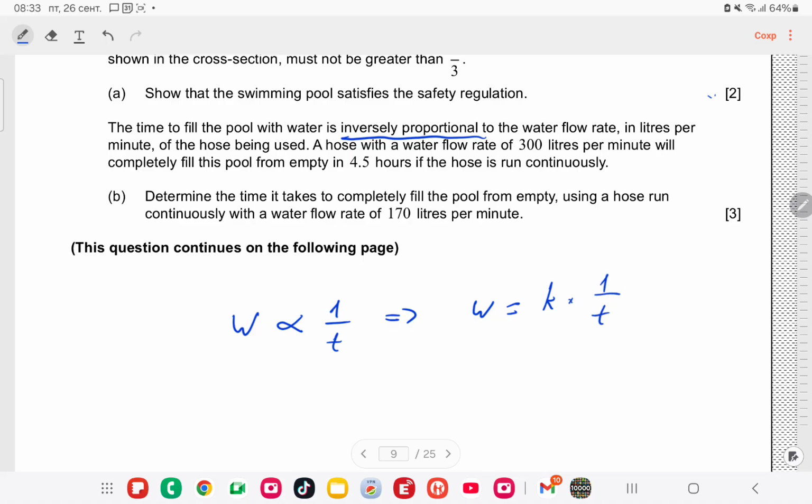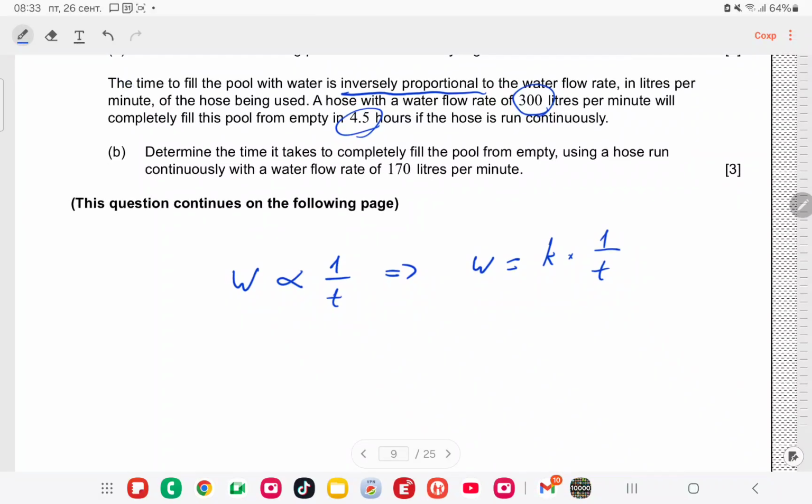Now we use these two pieces of data to find K. This is how it usually works when you see the word proportional, direct or inverse: we always do the same, we find K. Let's first underline the initial conditions. W is equal to 300 liters, and the number of hours T is equal to 4.5.